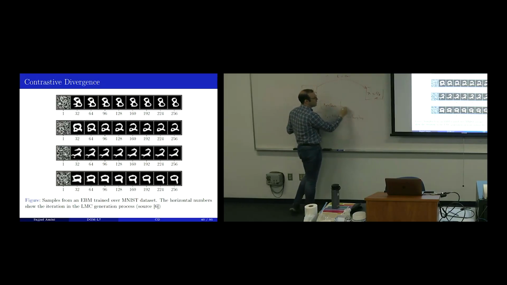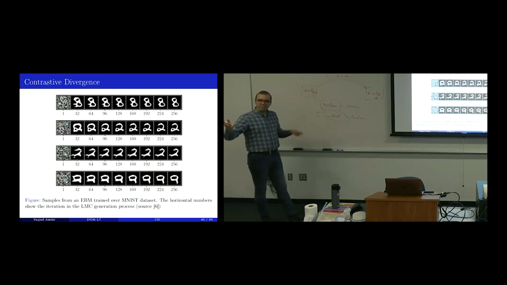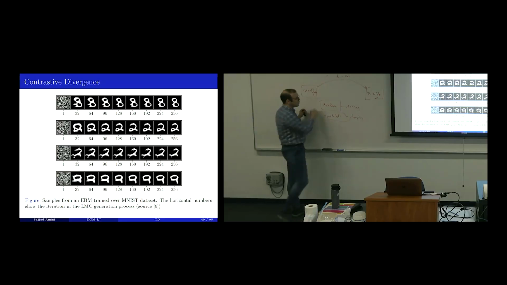This is during the training. Does it make sense? Because if you start from this point, you are at a low probability point of both the data distribution in the training, I'd say, and the model. But this works better for the training, okay?